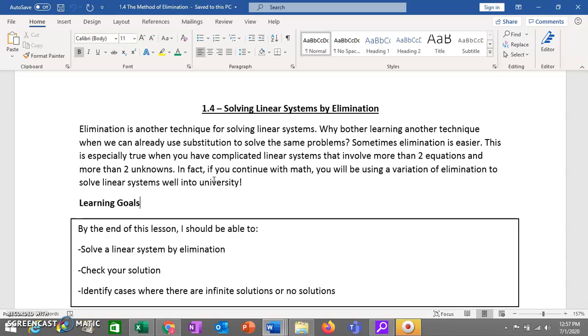If you take linear algebra in university, you're going to be using a slightly more complicated version of this method to solve more complicated linear systems, where substitution doesn't work so well. So learning how this method works is pretty important for your understanding of mathematics.